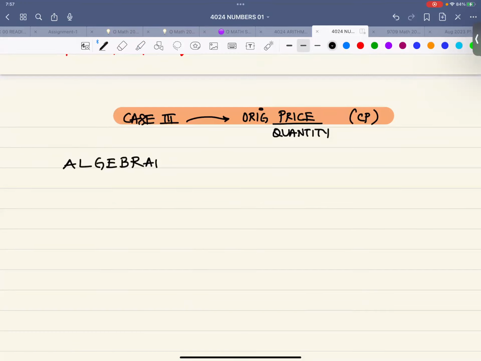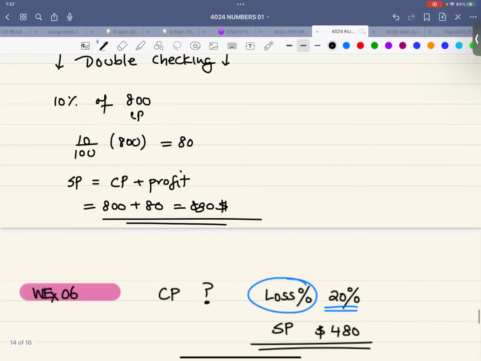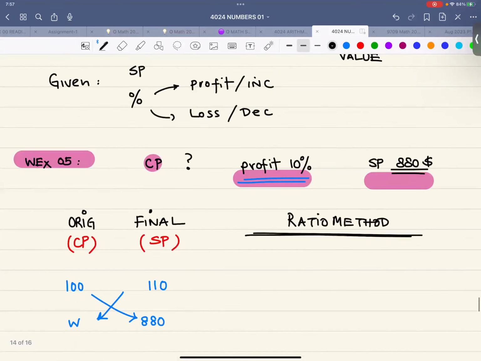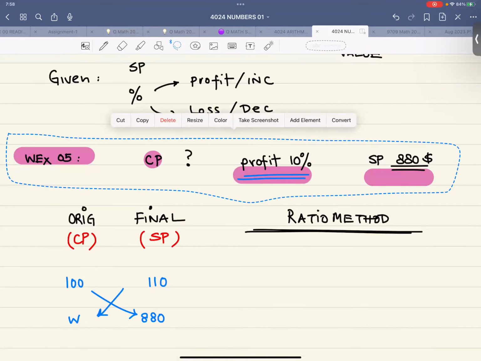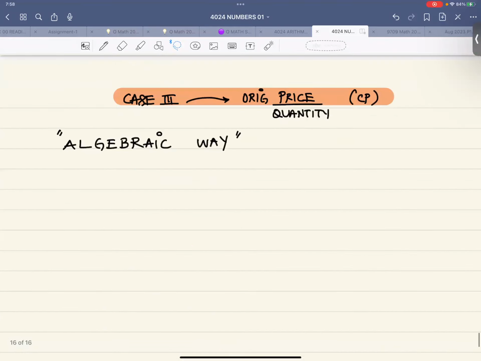Now I'll do the same examples as before, and let's see which one you find easier. What was worked example 5? That's right over here. So let me just copy paste from here. This is the data that I need, and let me paste it over here.